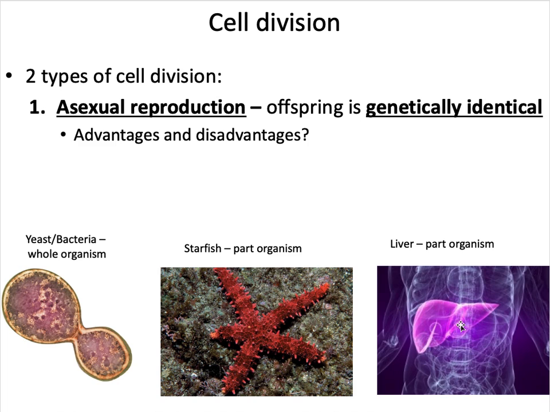And another advantage is that it takes less energy, so fewer resources of the cells to replicate itself or the organism, which is always good. Well, the disadvantage is that if you are able to produce a large number of offspring faster, then that means there's more competition for the resources in that stable environment.